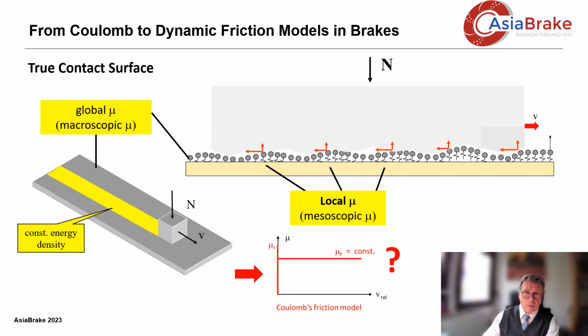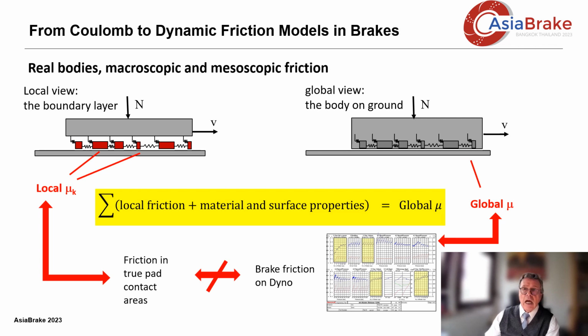But this is not equal to the local mu, but a complex sum function of the friction effects of the mesoscopic scale. Here I have shown the difference between microscopic and mesoscopic friction coefficient, that is, between global and local mu in a rigid body diagram picture.